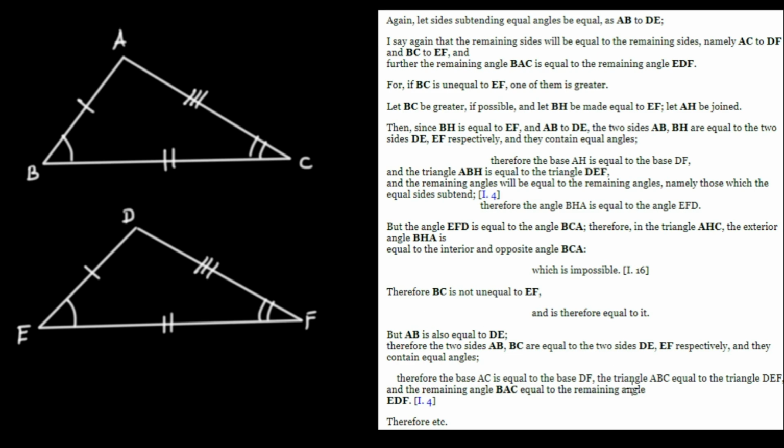The triangle ABC is equal to the triangle DEF, and the remaining angle BAC, which is over here, is equal to the remaining angle EDF by proposition 4. And that wraps up this entire proposition. So we've seen that we now have angle, side, angle, and angle, angle, side in our arsenal to make inferences about triangles.